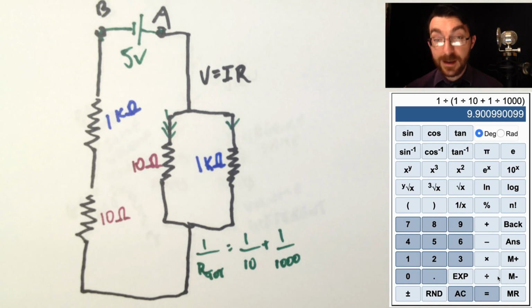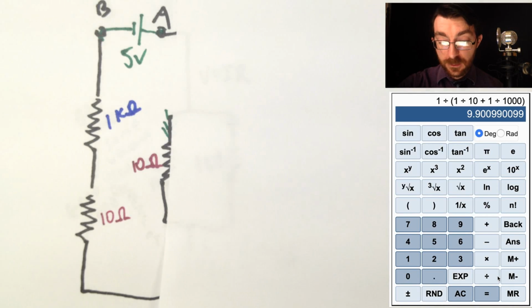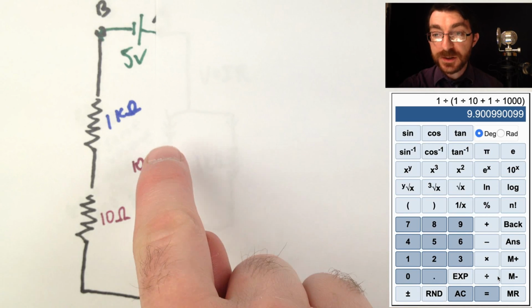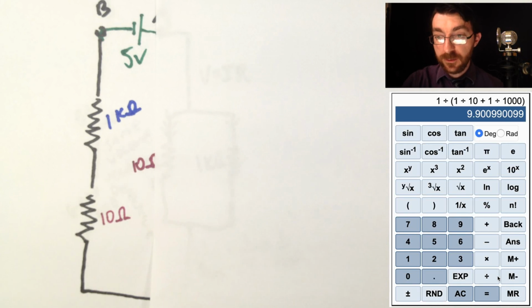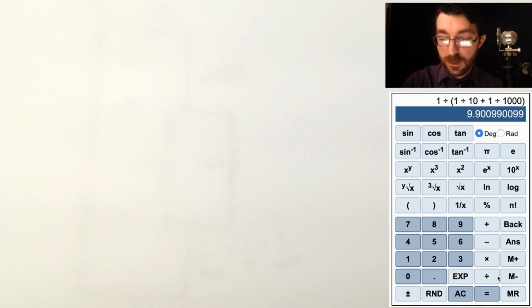Okay, so we have a 9.9. It rounds pretty well, so 9.9. That means that for the sake of equivalent resistance, I can reimagine this as if there's just a 9.9 right there. So let me go ahead and do that.